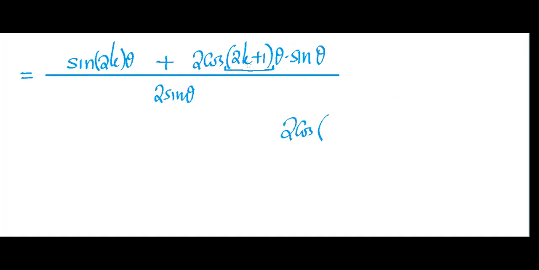I was able to observe that of the 2 angles, theta and 2k plus 1 theta, 2k plus 1 is bigger than this one. In sine, the coefficient of theta is 1. Here it's 2k plus 1. So I've started with the bigger angle ratio. In that case, we are going to apply the factor formulae again, but in reverse. Yes, Owen?